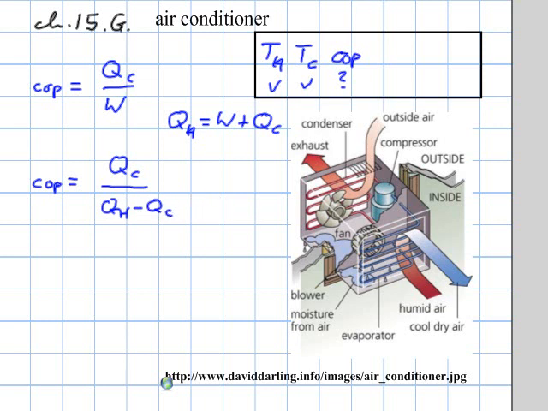And now I go back to that one equation that says that a Carnot engine is reversible, and therefore it can also be treated as that. This equation here can also be treated for an air conditioner or refrigerator or heat pump. So QC over QH is the same as TC over TH.